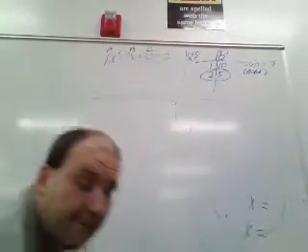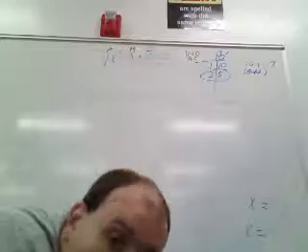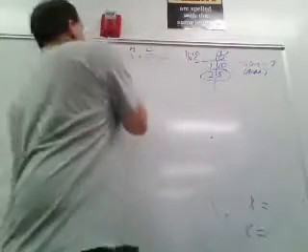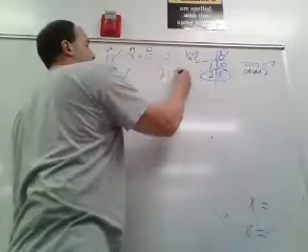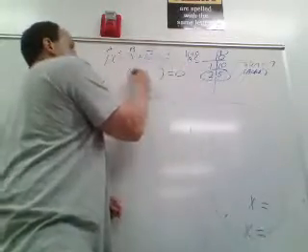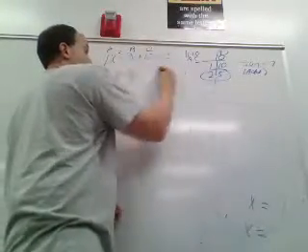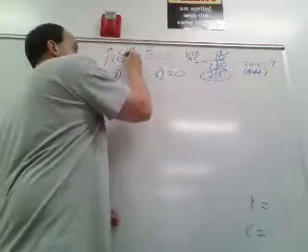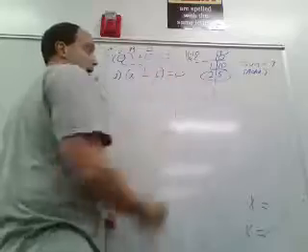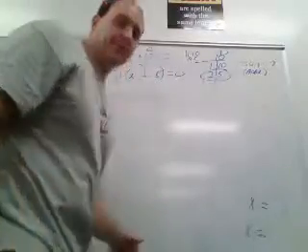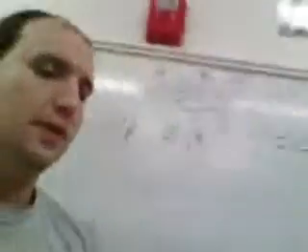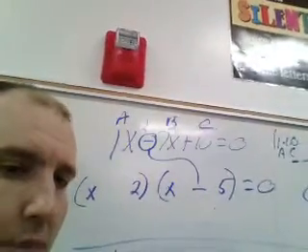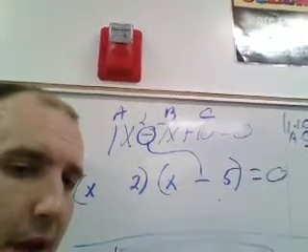So for my A, I just make my parentheses, and there's x, and then put the 2 and the 5. So we have minus here, so that means we automatically have minus 5.